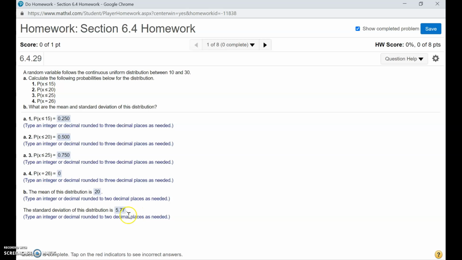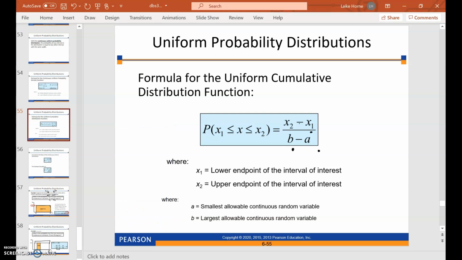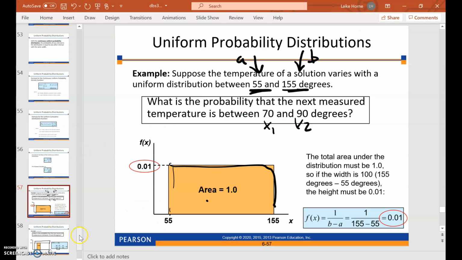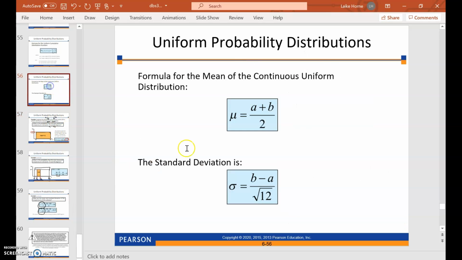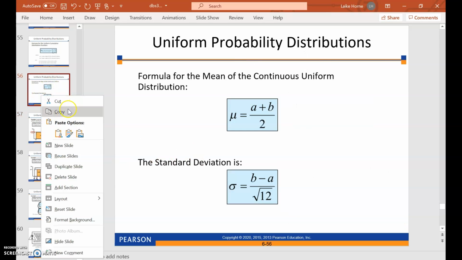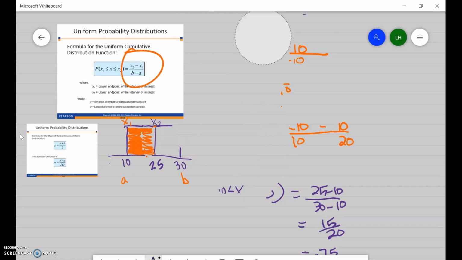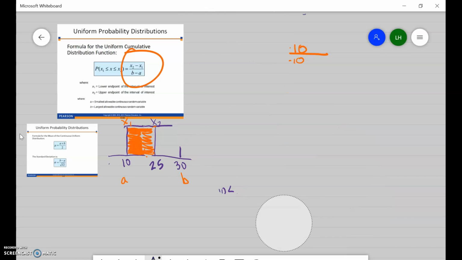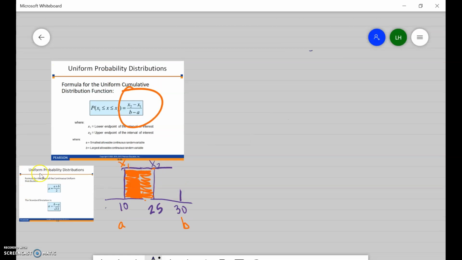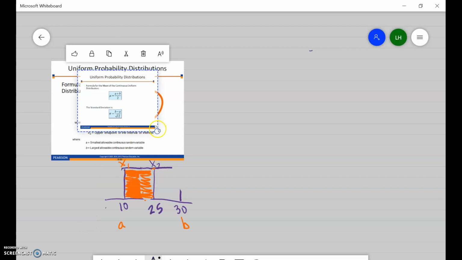Now the mean and the standard deviation. So the formula for the mean and the standard deviation, I'm going to copy that formula over and erase some of this. So it's A plus B divided by 2.